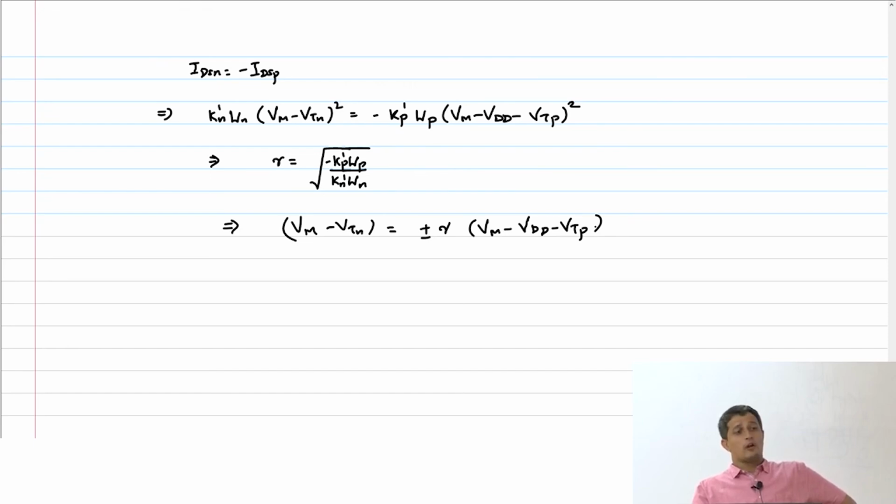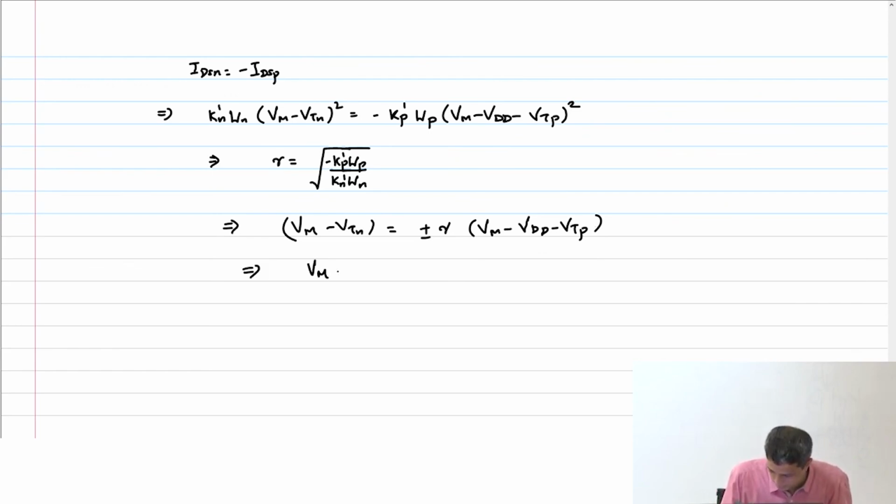Correct. So let's go with his argument first. If Vm minus Vtn has to be positive, then if I take plus R into (Vm minus VDD minus Vtp), will that guarantee that this is always positive? So therefore the minus sign has to be taken there, correct?